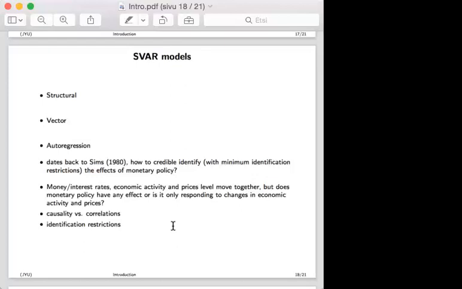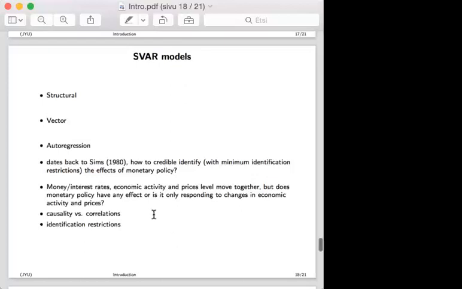So this is really hard to identify, and one needs some identification restrictions to be able to do it. Purely empirical methods are difficult to use for it.